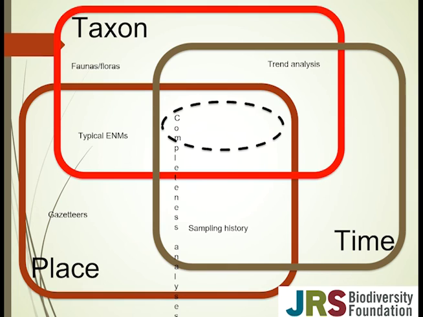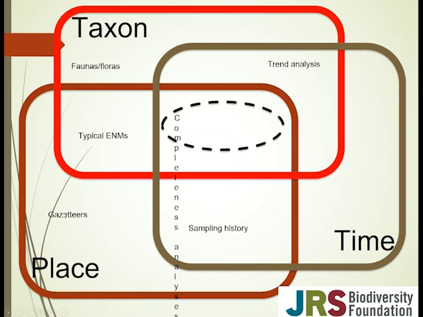Now, when we cross those attributes, for instance, the case of taxon plus place, you can have a description of the fauna and flora of a country or a given region. You can achieve ecological niche modeling, or we can also have gazetteers.